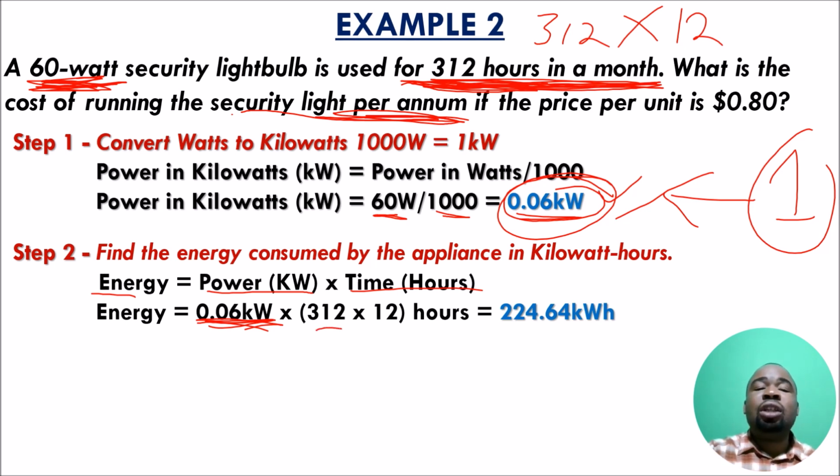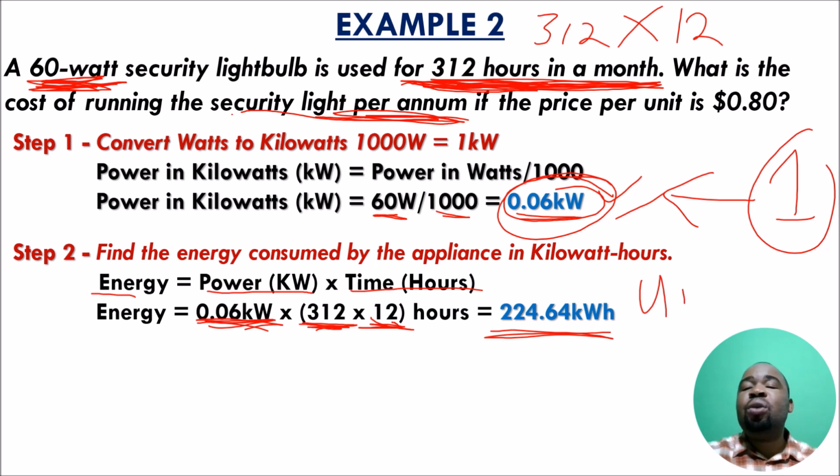So we're going to say 312, which is used per month, times 12 months in an annum to get the total units. These are now the units which are consumed during that year. So in a year, we use 224.64 kilowatt hours.